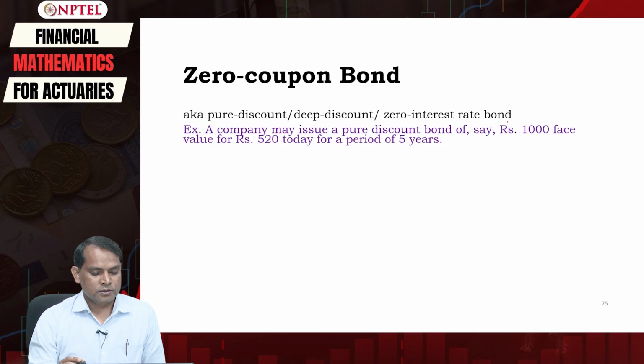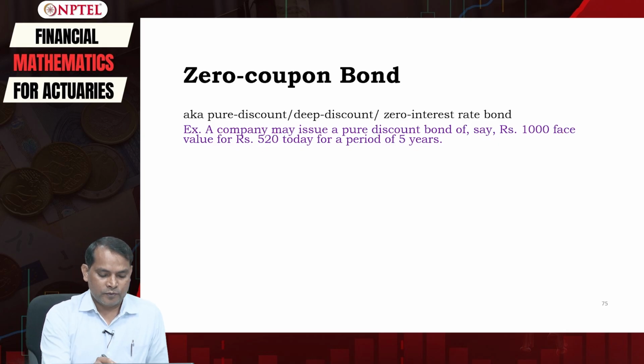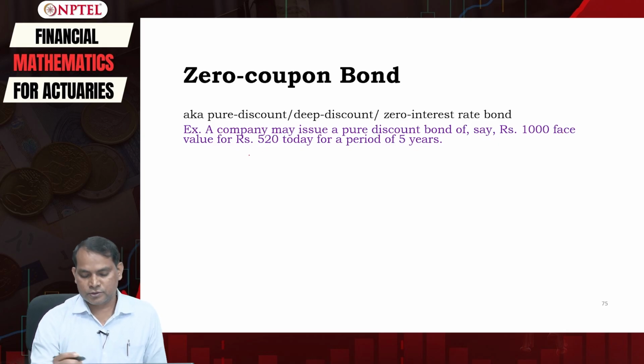So let us understand this by considering again one example. A company may issue a pure discount bond of say rupees 1000 face value for a price of 520 or so for a period of 5 years.